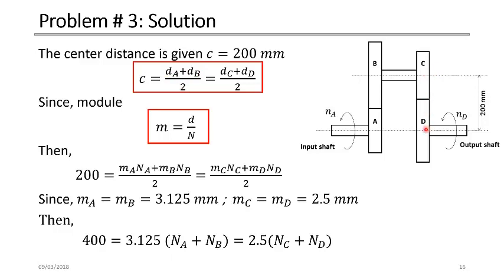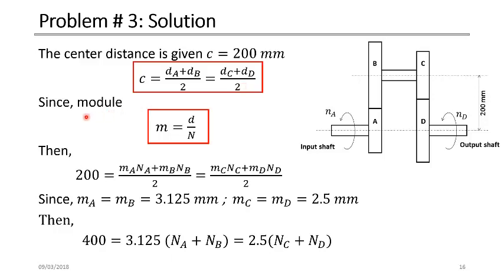So it is the radius of gear C plus the radius of gear D, or the diameter of gear C plus the diameter of gear D divided by 2. If you take the diameter divided by 2, it's the radius of gear C, and if you take the diameter here divided by 2, it gives you the radius of gear D.